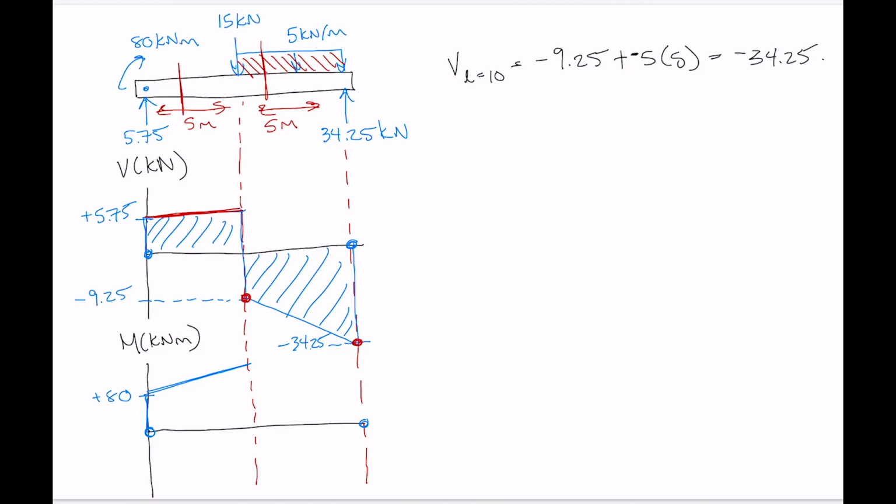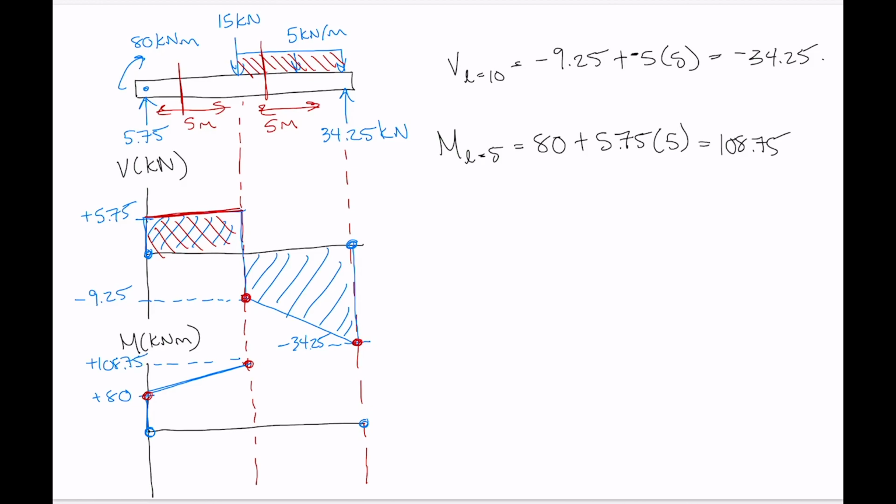The change in the moment diagram between any 2 points, the change from 80 to there, has to be the area in the corresponding portion of the shear diagram. So we've got M at L equals 5 is equal to 80 plus the area in the shear diagram, which is 5.75 multiplied by 5, giving us 108.75. Okay, so that's that value there, positive 108.75.